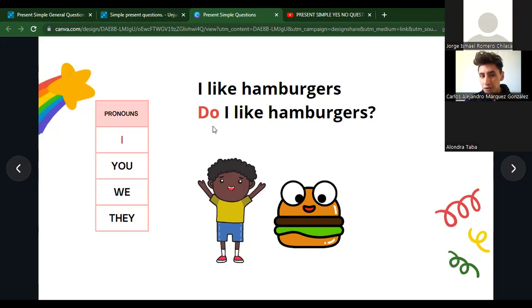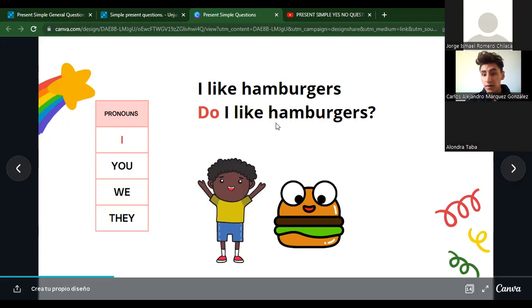Well, we use do with I, you, we, and they, okay? The first sentence is affirmative: I like hamburgers. Me gustan las hamburguesas. The second is a question, okay? Do you like hamburgers? Me gustan las hamburguesas. And obviously this picture is related to those sentences.